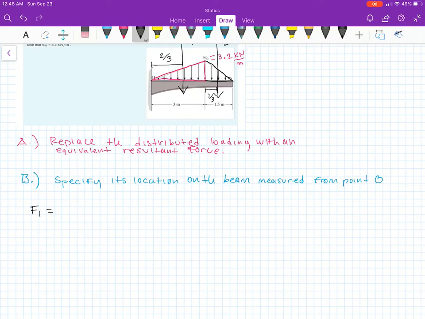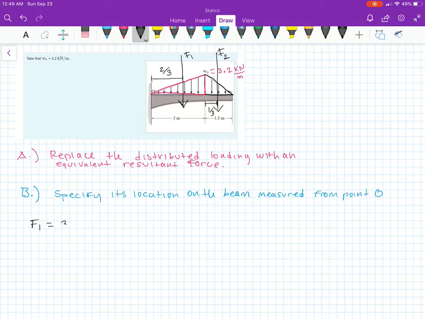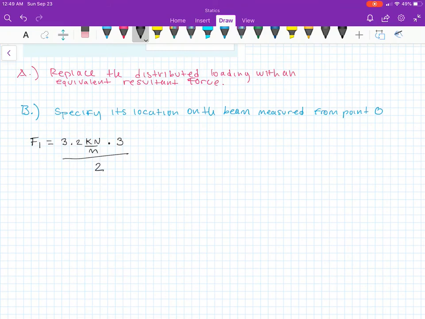F1 equals 3.2 times, and all that over 2, right? And then here we should get 4.8 kilonewton.